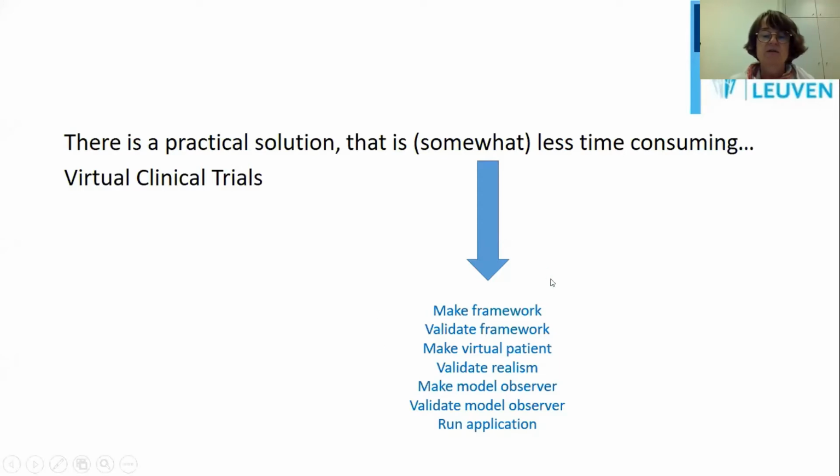And okay, you make your virtual patient, you make the virtual image, and you make a virtual evaluation of the results. And all this sets up a virtual clinical trial.